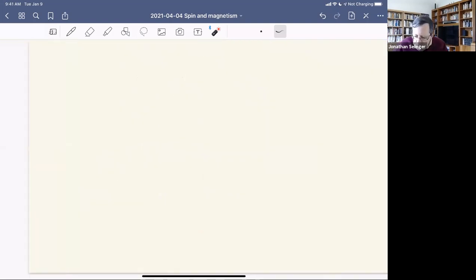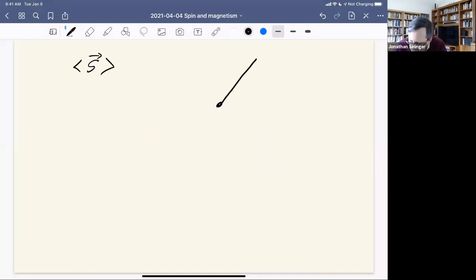Okay, so if we make a 3D drawing of that, the expectation value of the spin is a vector like this. Okay, this is the expectation value of the spin.